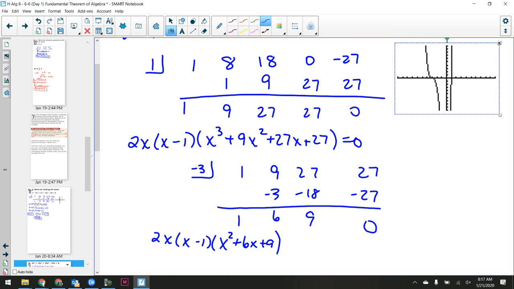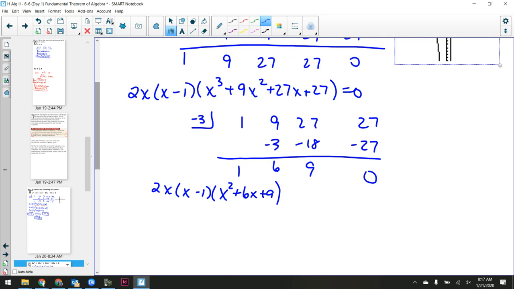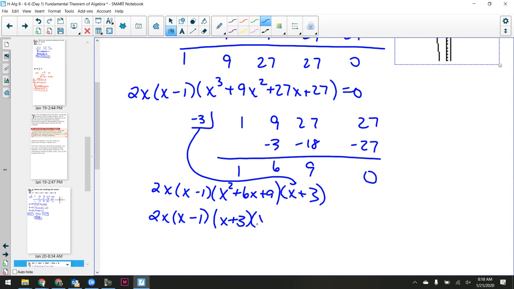So what I can do now is factor that last quadratic. Now, if you didn't see that it factored, could you do the quadratic formula? Of course, but it would just give you 2x plus 3's. So we get 2x, x minus 1, x plus 3, x plus 3, x plus 3.